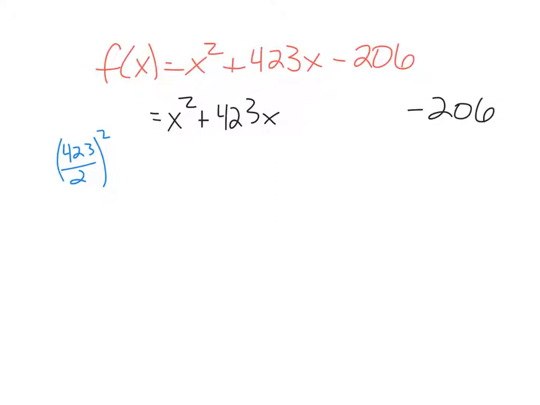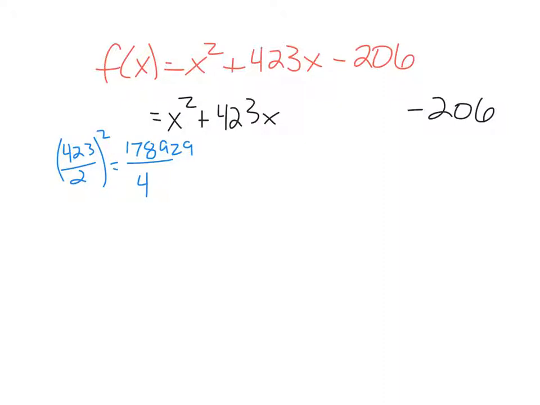Now you think that's obnoxious. What's 423 squared? Well, 178,929. Divided by 4, right? Because we had to square 2 also. All right.